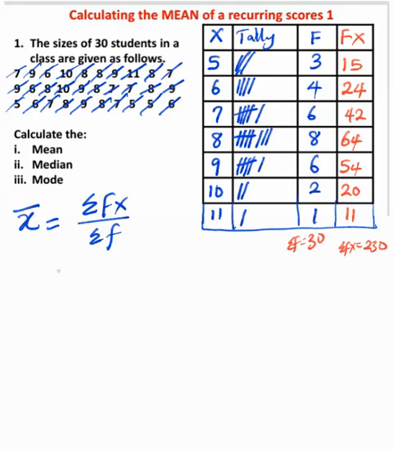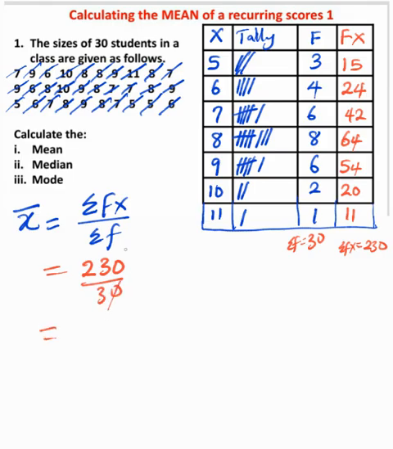All right. Now let's quickly substitute into this expression. Mean is equal to 230 over summation f, which is 30.